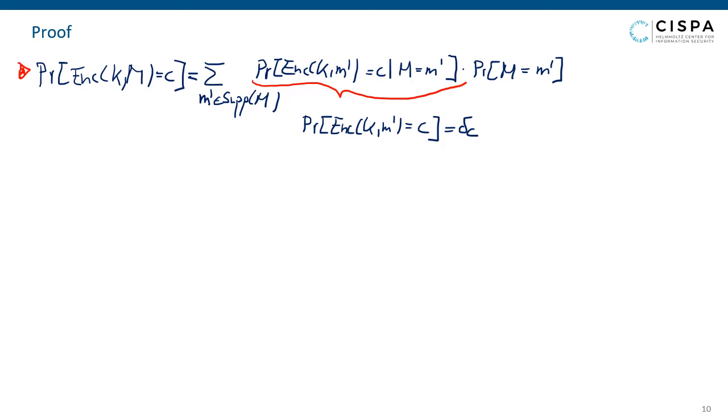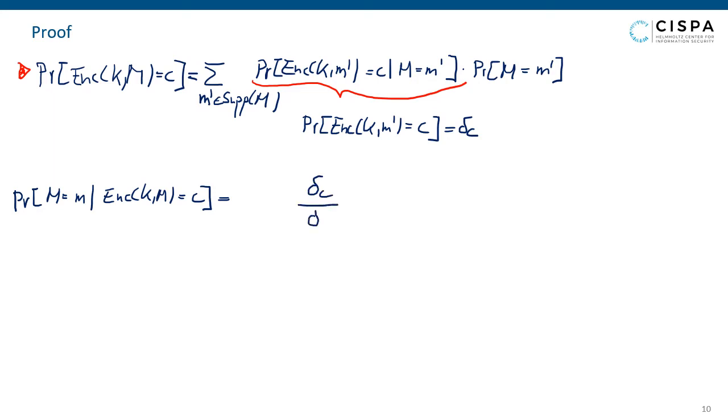So now we can come back to finishing the computation of what we were actually interested in, namely the probability M equals m conditioned on enc k of m equals c. We first computed this numerator in green, that was delta c.